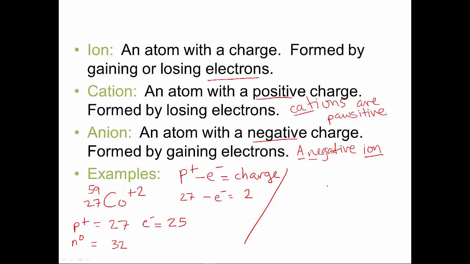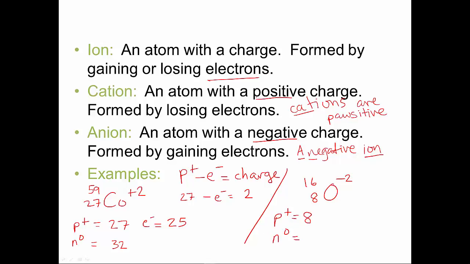Another example, say we have oxygen, 16, and it's an oxygen anion because it's a negative charge here of -2. So how many protons are there? Well, if you pointed out 8 for the atomic number, you're spot on.